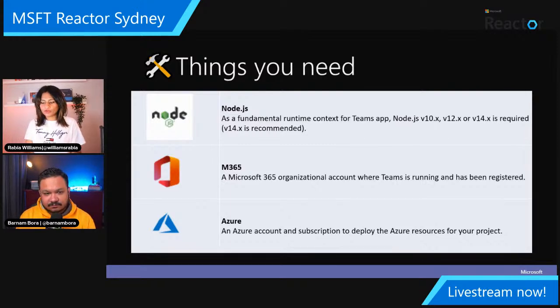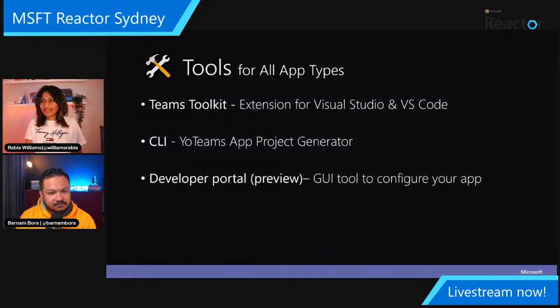Exactly. Cool stuff. And now for the tools, we have Teams Toolkit, which is our Visual Studio Code extension, and you also get it for Visual Studio. There's also a CLI for Teams Toolkit, but today we will be showing you the extension so that we can get started creating apps using a wizard.